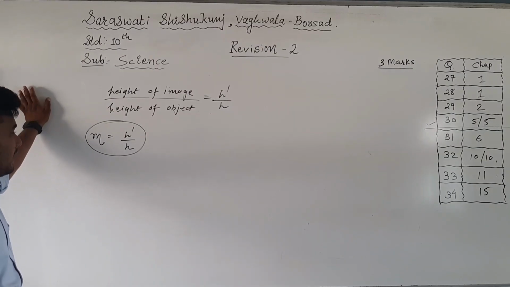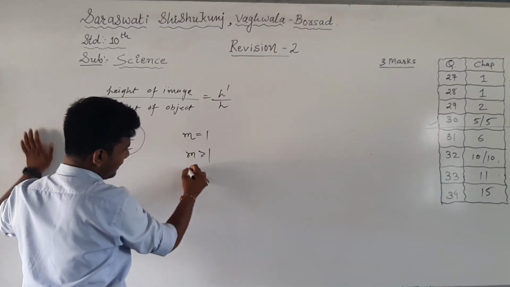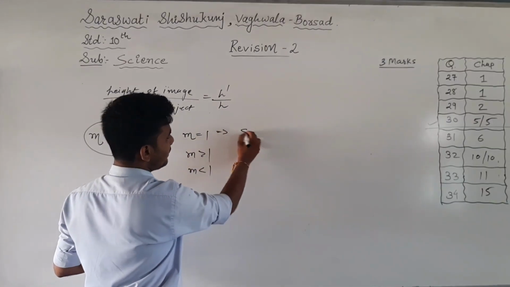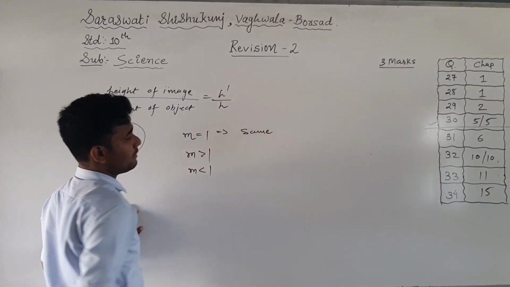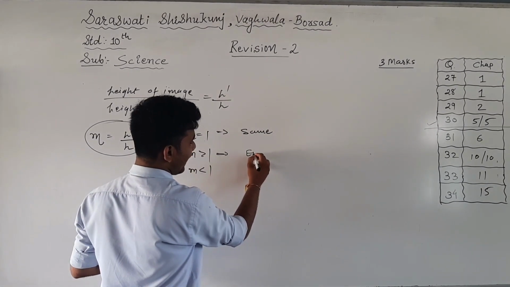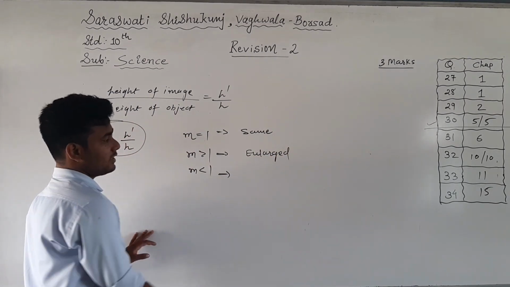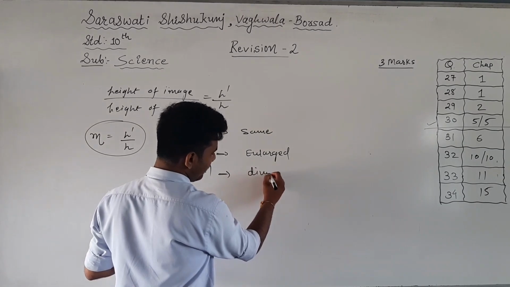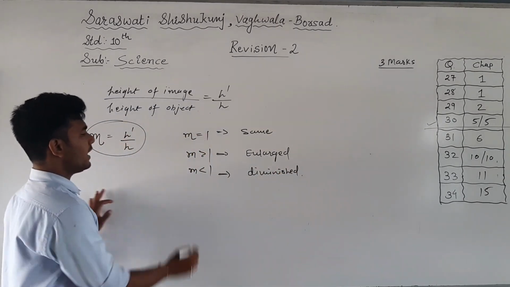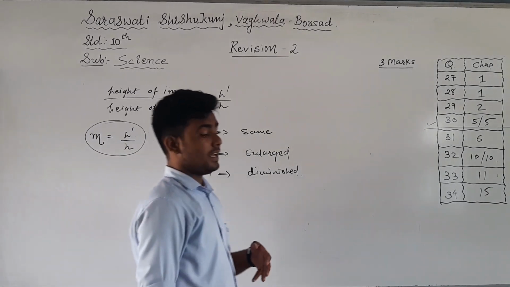Also you can give examples that magnification is equal to 1, greater than 1, and less than 1. When magnification is equal to 1, the object and image both will be the same in size. When it is greater than 1, your image will be enlarged compared to the object, and when it is less than 1, your image will be diminished compared to the object. So this way magnification is also an important concept which can be asked to you in 3 marks.